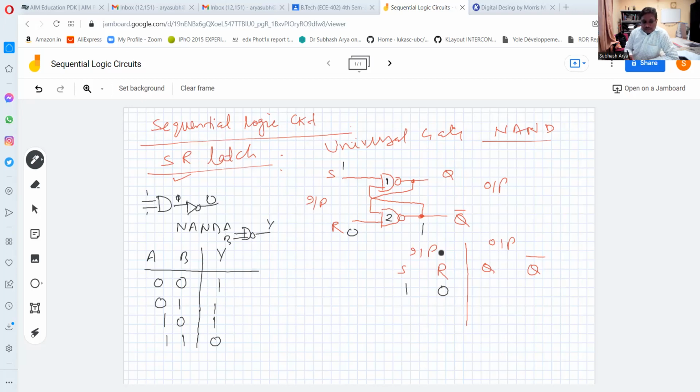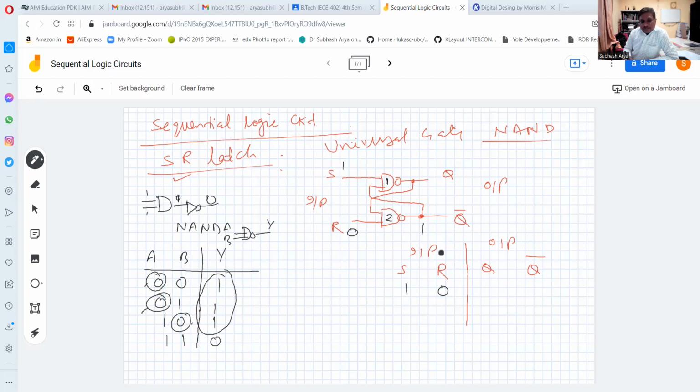Now just observe what we can infer from here. The inference is that this is 0, this is 0, and this is 0. Any 0 in the input makes the output 1. No need to look at the others. This is what we can interpret here.